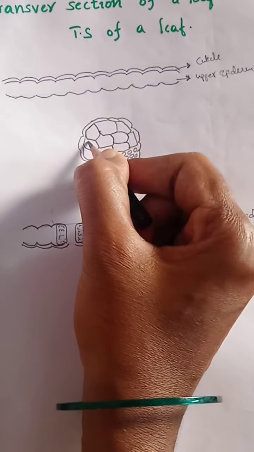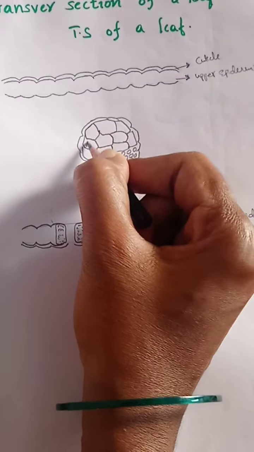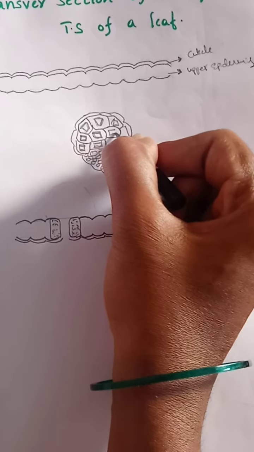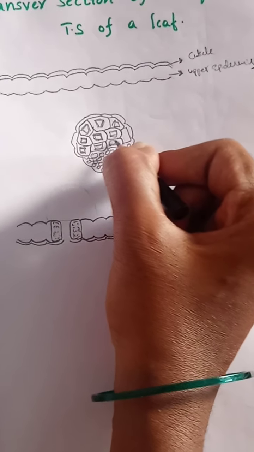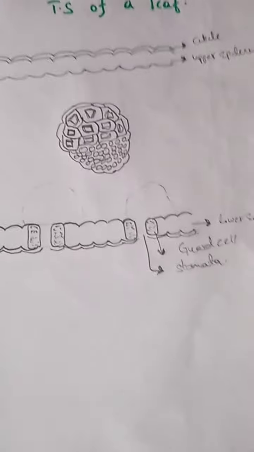Next, inside of this, darken some square-like structures. Draw square-like structures inside of this. Otherwise you can draw the triangle shape. Different shapes you have to draw. So the middle part is also completed.